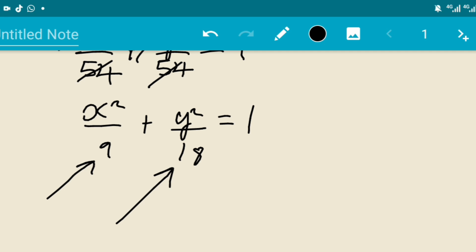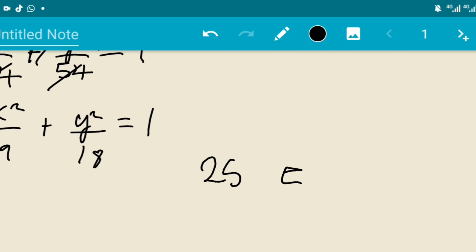If we just say 9 squared and 18 squared, this won't be a 9 anymore and this won't be an 18 anymore. We need to maintain everything as it is. Remember that time we had 25, we had to simplify it to 5 squared, because this is the same as this. All that we want is to simplify it.